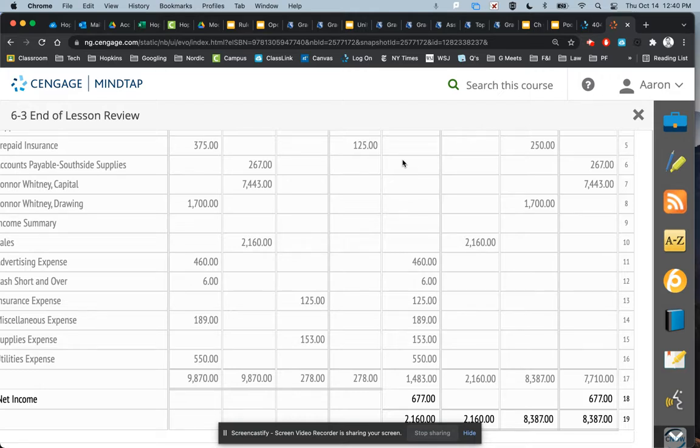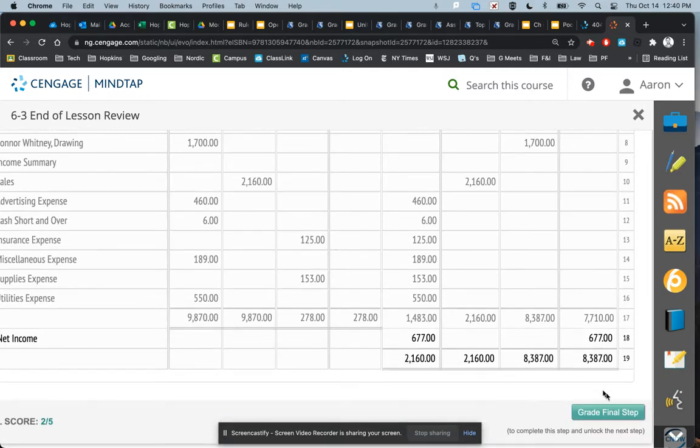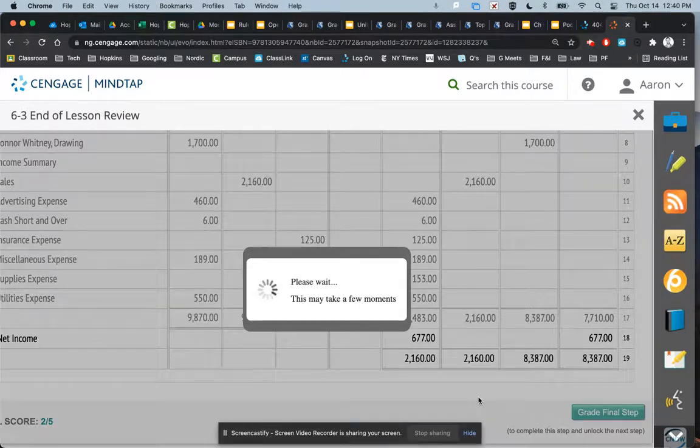And if you still don't see any error there, you have to go back into the individual transactions and make sure you did everything. If you still can't find it there, then you have to go back to the source documents and make sure you didn't miss anything there. So there's a process of going from the most obvious to the most detailed to spot errors. But hopefully our numbers just match and we're all good.